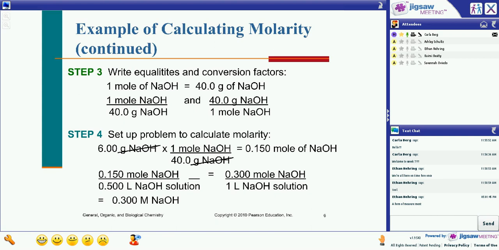So we are going to do 0.150 moles divided by 0.50 liters. When you do the division, you get 0.30 moles per liter of sodium hydroxide. Moles per liter is molarity, so our answer is 0.30 molarity sodium hydroxide.